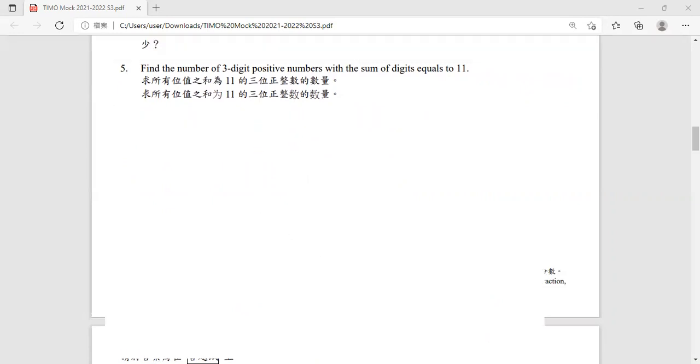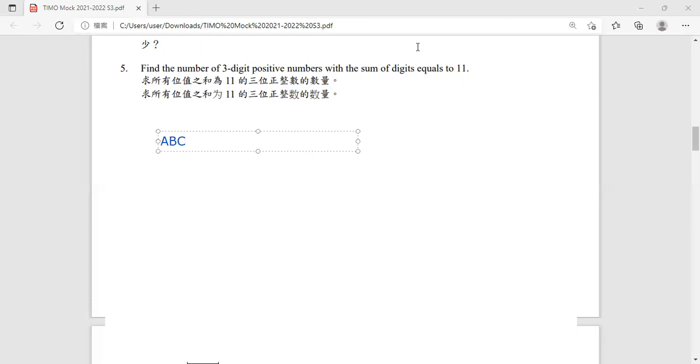Now, say I have the numbers, because the sum of the digits is 11. So I have ABC.